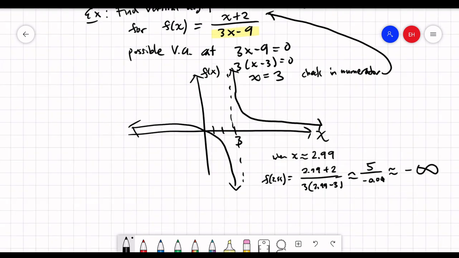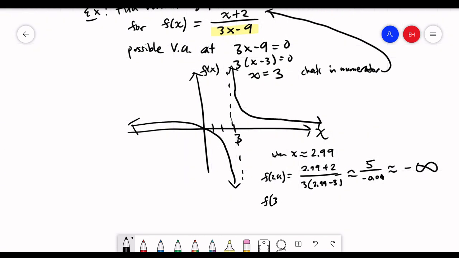When you divide by a very small number, you get a very big number. Like 1 over 0.00000001 is like a billion, right? So since it's negative infinity, I know the graph is going to approach negative infinity on the left side of that asymptote. And then on the right side, I'll just check 3.01 and I get positive infinity.